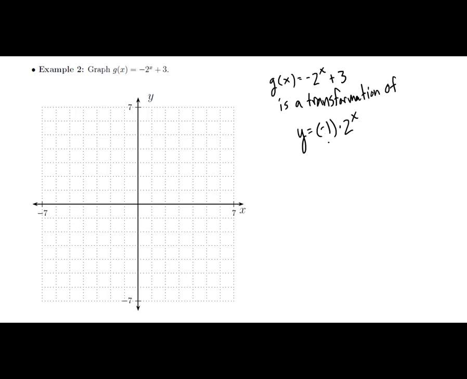Okay, so where a is negative 1 and b is 2.